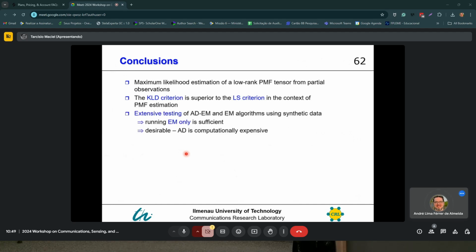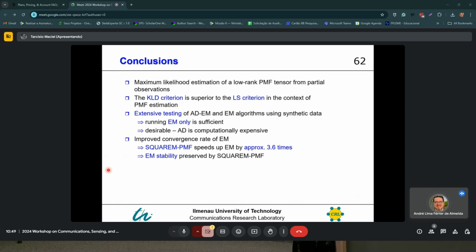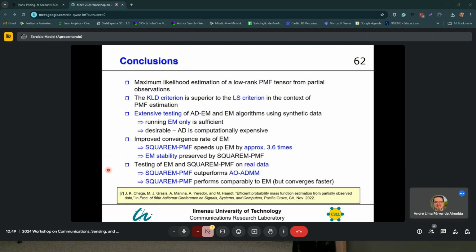We have shown that we do not need the hybrid algorithm; we can run only the EM algorithm, and it's sufficient. We have also presented an algorithm that speeds up the convergence of EM, and we have shown some real data experiments.